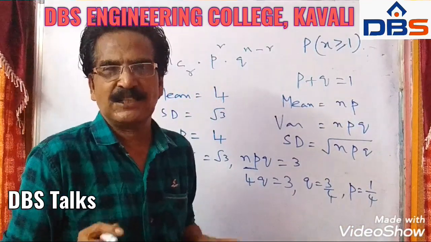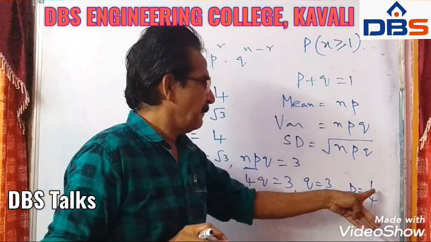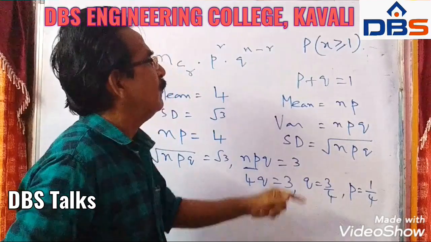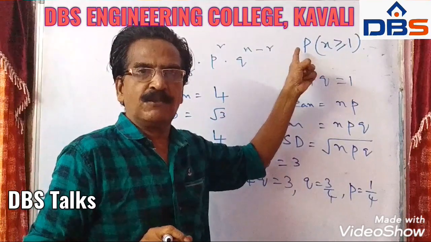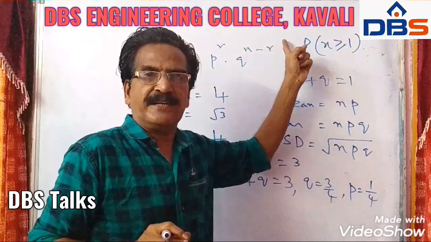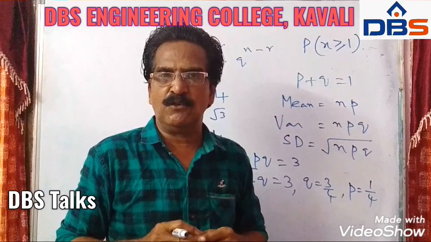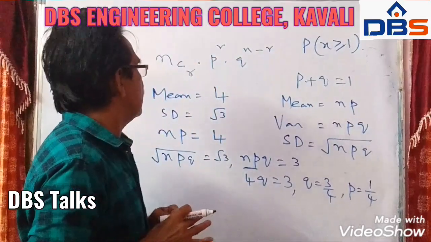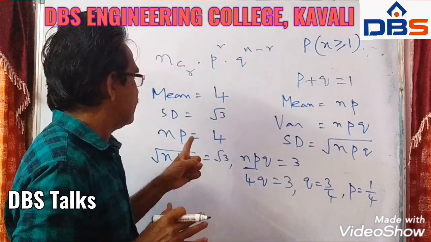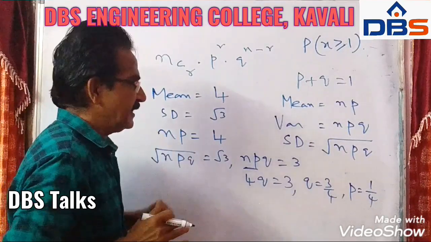So the two things which we require are clear. P is 1 by 4, Q is 3 by 4. The question asked is, what is P of x greater than or equal to 1? First let us find n.